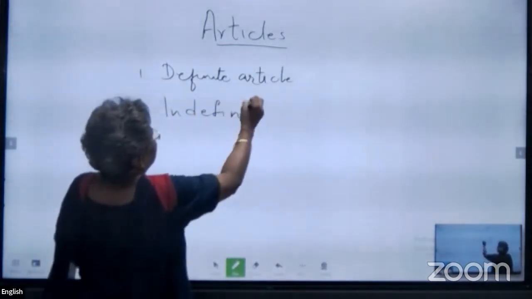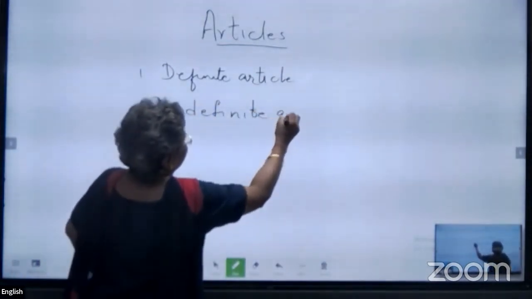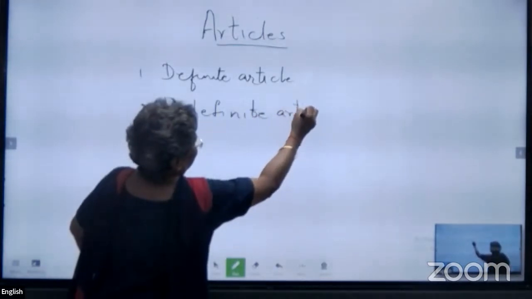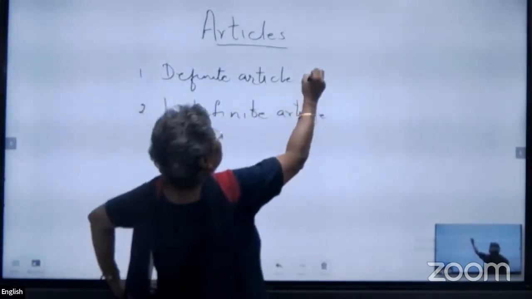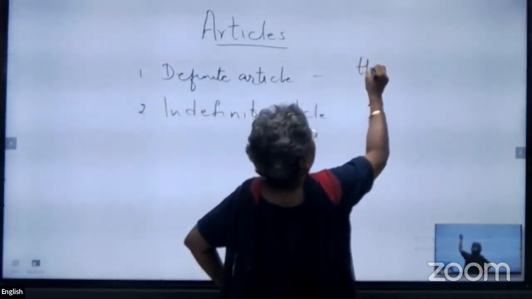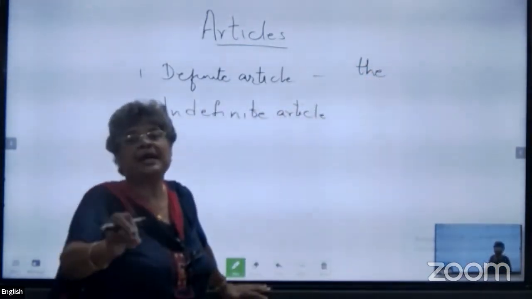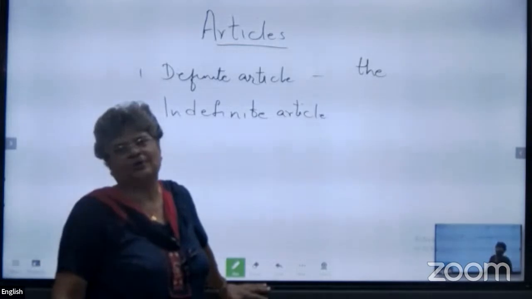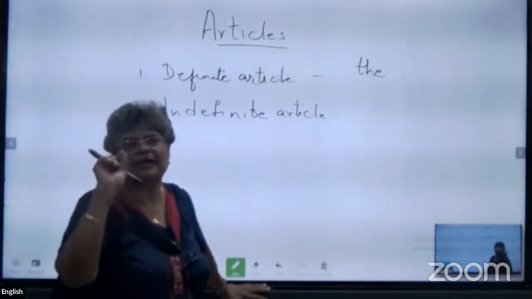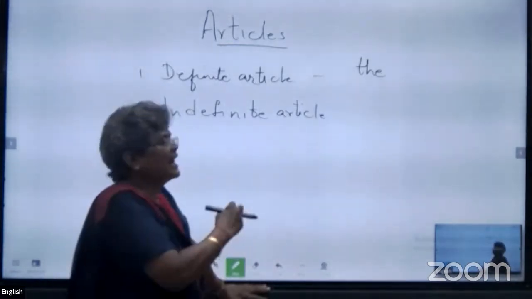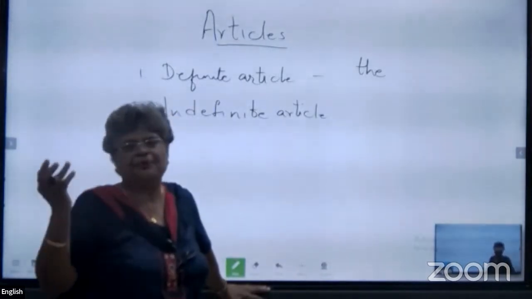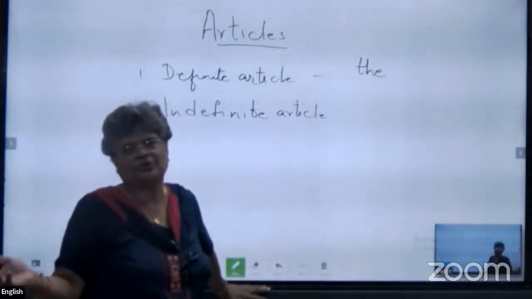Do you know what a definite article is? The is the definite article when you specify something. Give me the English book. You are specifying a particular book. But when I say give me a book, I'm not specifying any particular thing.